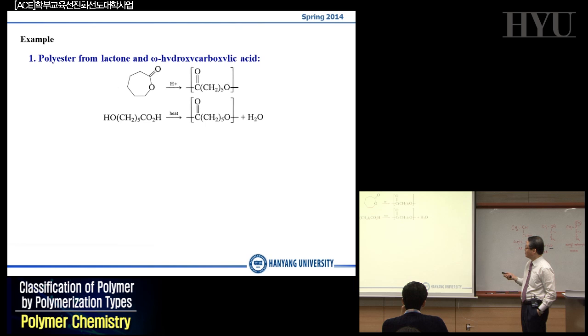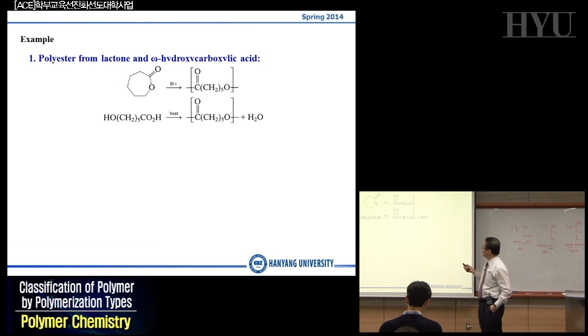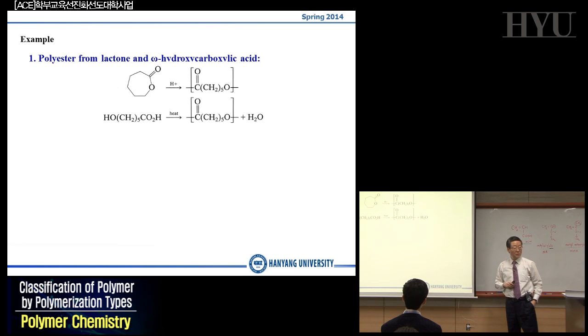This is also polyester as a final product, but the starting monomer is different. We have a hydroxy carboxylic acid as a monomer, which was very typically used before. So we have a byproduct here. This reaction is called a condensation reaction to make a polyester.